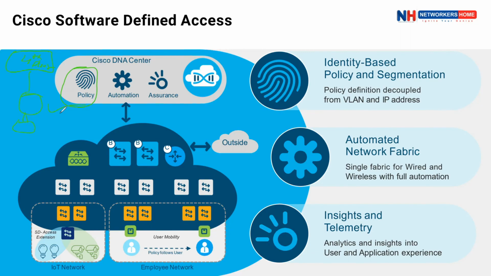For example, this is my name and I was connected to the second floor switch. Now I'm going to the fourth floor switch and connecting my device onto this. No VLAN, nothing will be assigned to me earlier. First and foremost, I will be authenticated.